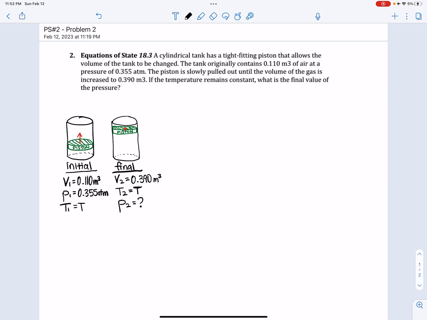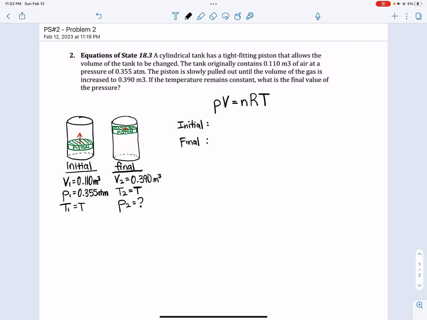So let's use the ideal gas law equation, which is PV, the pressure times volume, is equal to the amount of gas, N, universal constant R, and temperature T. So I'll write this down in terms of initial and final state.